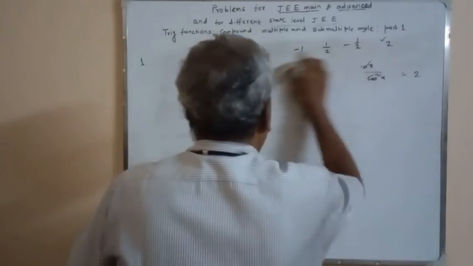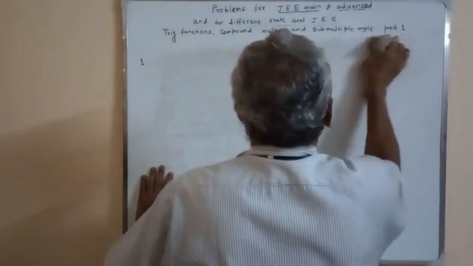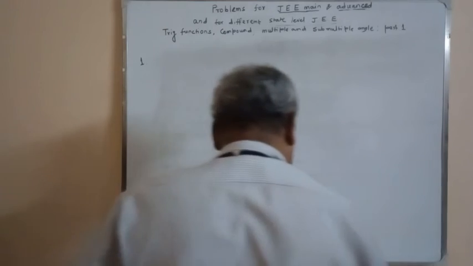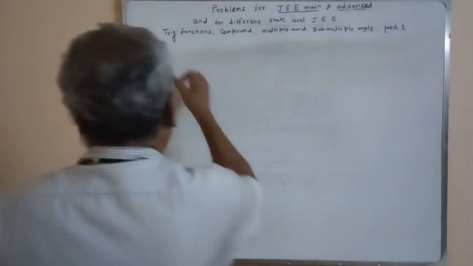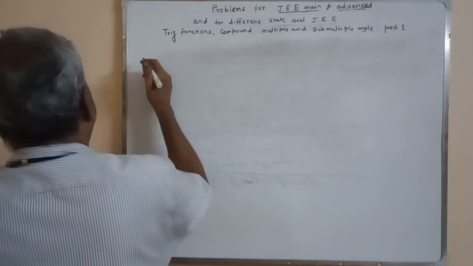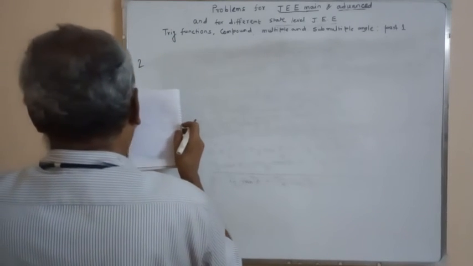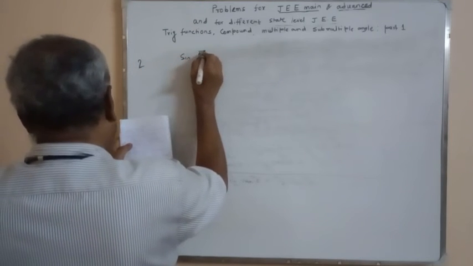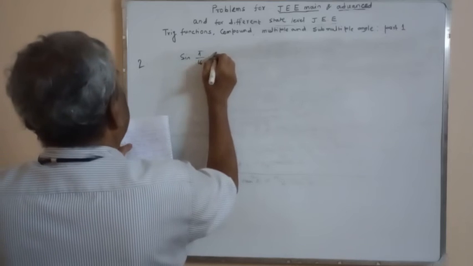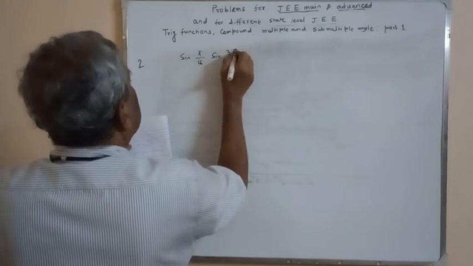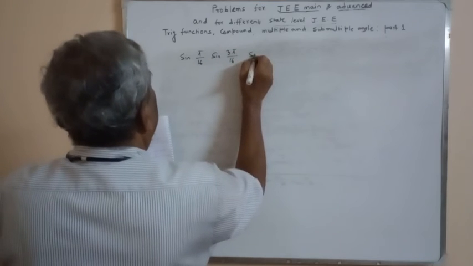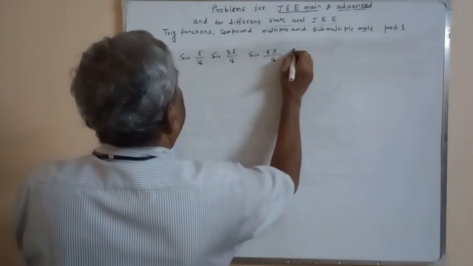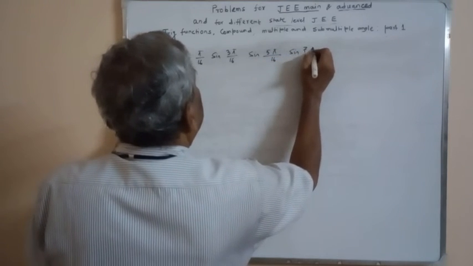Next problem. Problem number 2. The value of sine pi by 16 sine 3 pi by 16 sine 5 pi by 16 into sine 7 pi by 16.